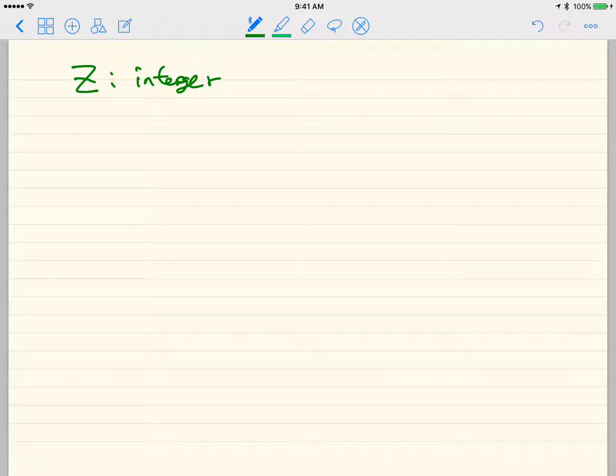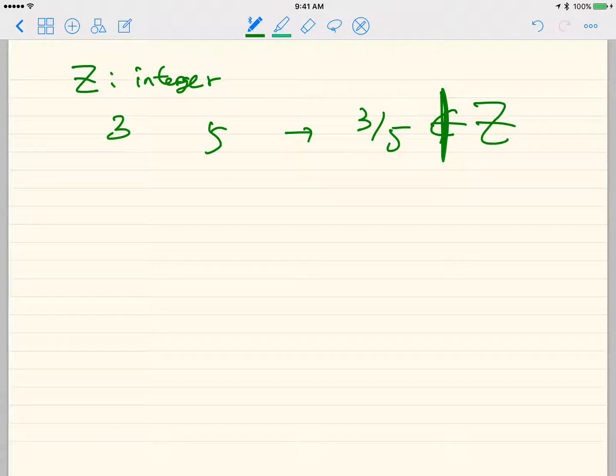Division is not closed under division, right? So if we pick 3 and 5, then the division between these two will be 3 over 5. So this is not included in our set, right? So this is the notion of closed or open.